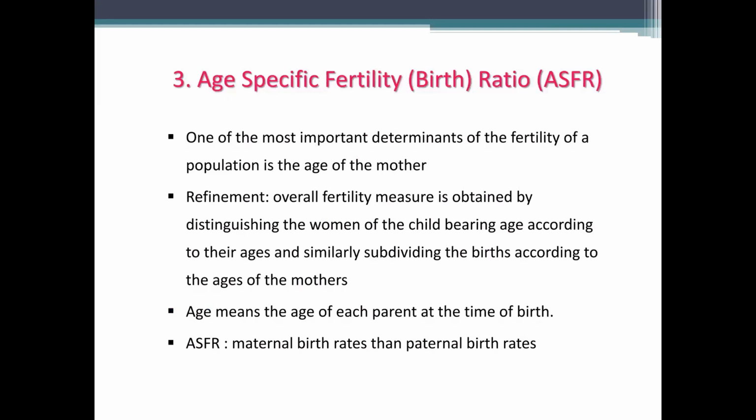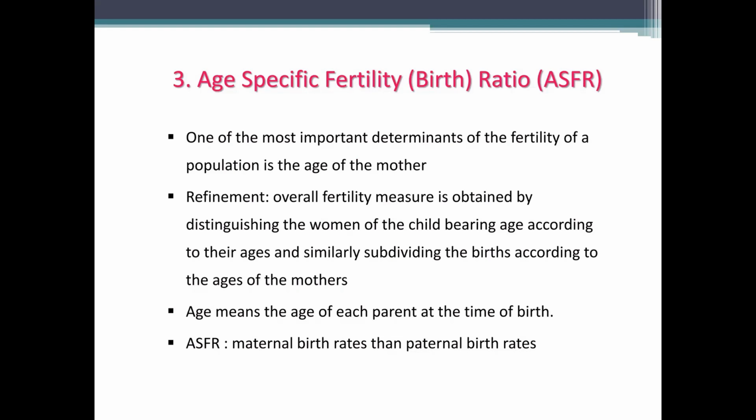Age-specific birth rate or fertility rate. One of the most important determinants of the fertility of a population is the age of the mother. As a refinement, an overall fertility measure is obtained by distinguishing the women of childbearing age according to their ages and similarly subdividing the births according to the ages of the mothers. Age means the age of each parent at the time of birth.